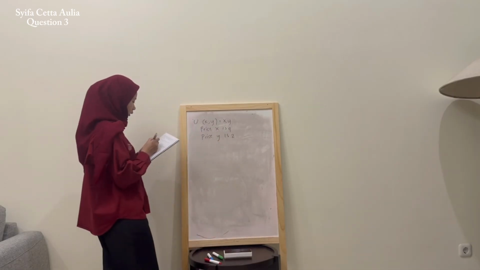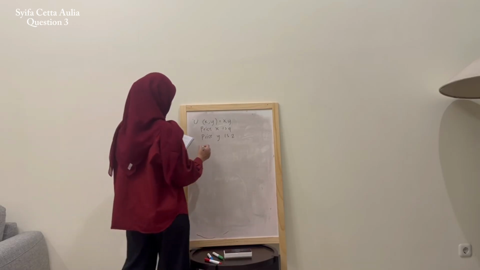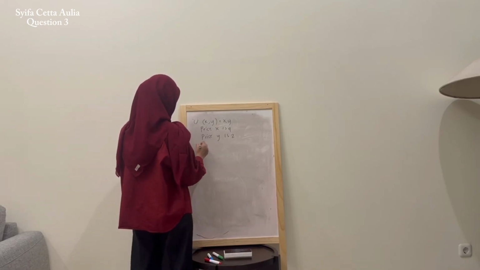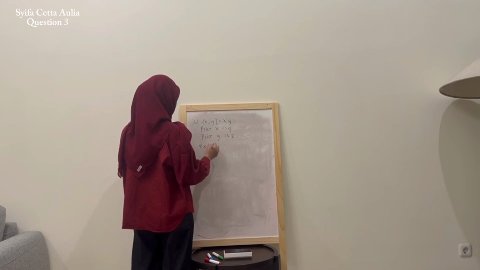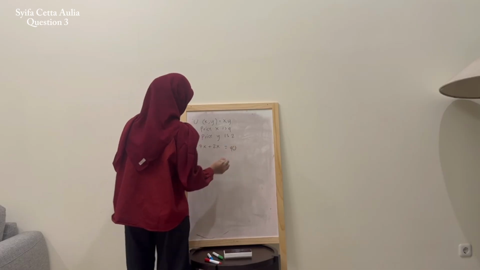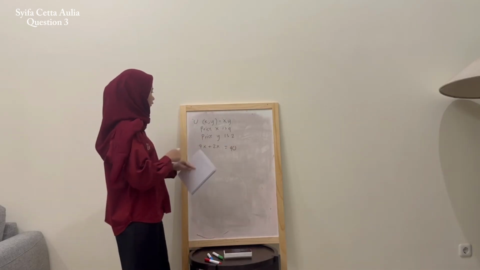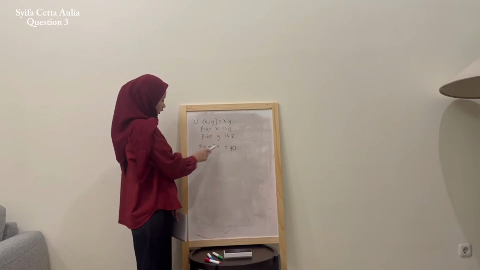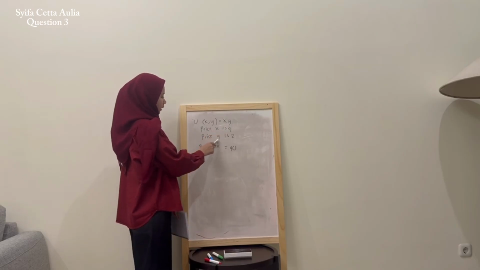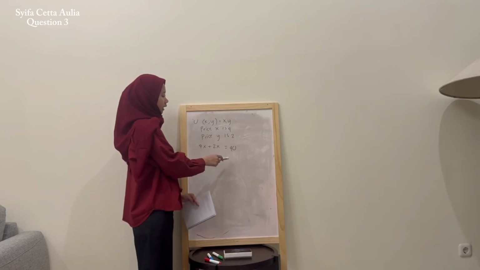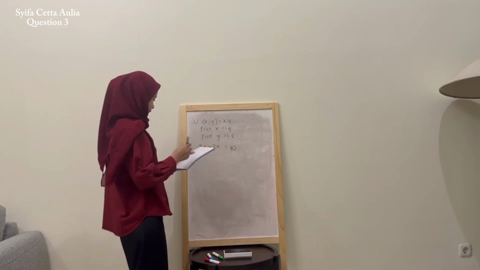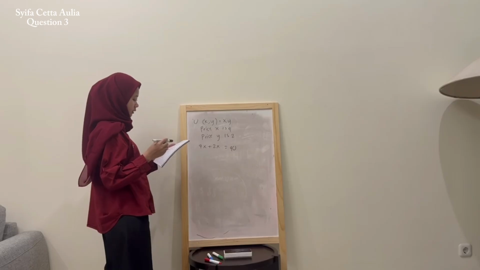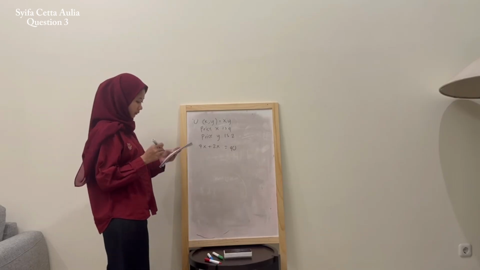So we get the constraint equation 4x plus 2y equals 40. So here the price of x is 4, the price of y is 2, but our budget is 40. So the first thing we use to solve is the Lagrange method.